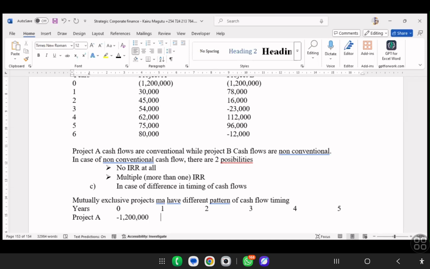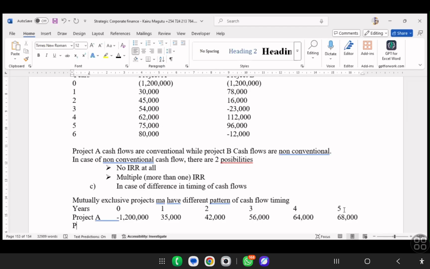That is the initial capital outlay. The cash flow in year 1, we are told that it is 35. The cash flow in year 2, maybe you are told that it is 42. The cash flow in year 3, we are told that it is 56. The cash flow in year 4, we are told that it is 64. And the cash flow in year 5, we are told that it is 68. When you look at these cash flows, the cash flows are increasing.